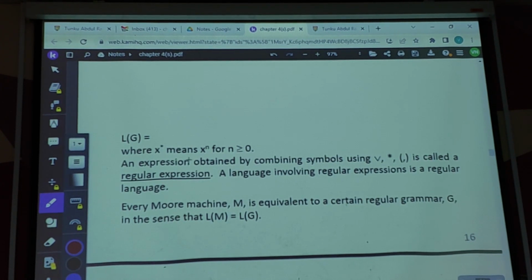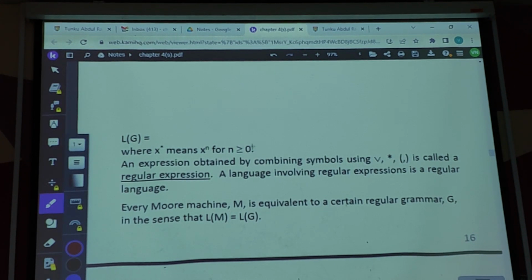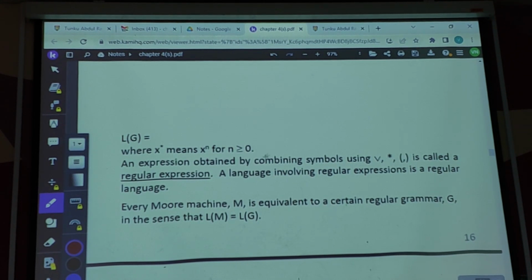So if they ask you to write the LM or LG, we will write it using the regular expression. So LM and LG are equivalent. You must have the same LM and LG, either you draw it in the diagram or you draw it in a master diagram. Okay, any question?